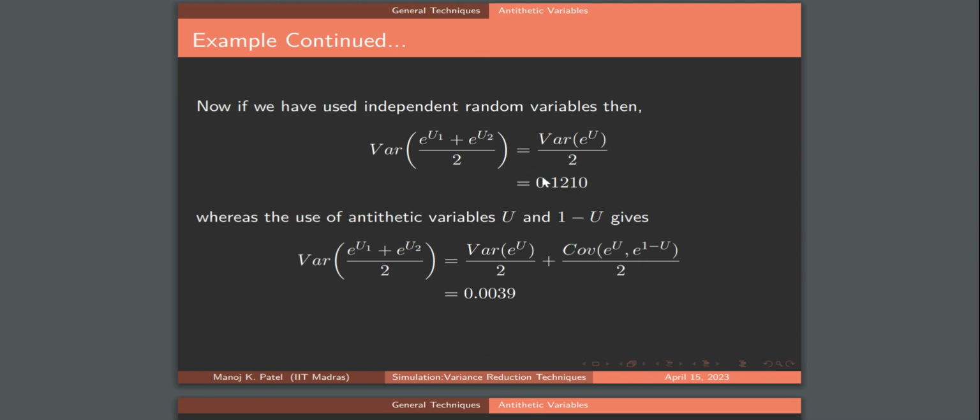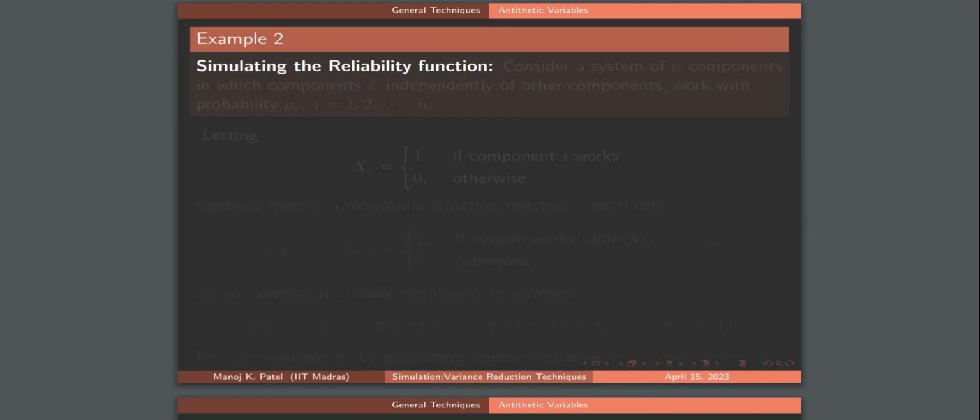So see the reduction: when we choose the Ui's as independent, we get variance 0.1210, but once we use the Ui's as antithetic variables, we get variance 0.0039. So this is a huge reduction, more than 90% reduction. So this is the use of it.